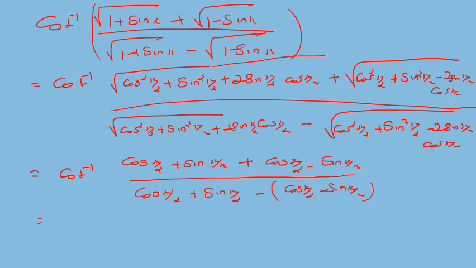So what is the answer? Cot inverse cot x by 2. Cot inverse cot x by 2 is x by 2. This is the way we are doing that problem.